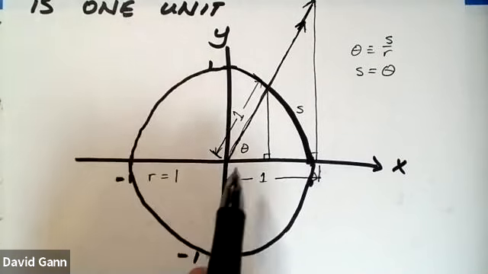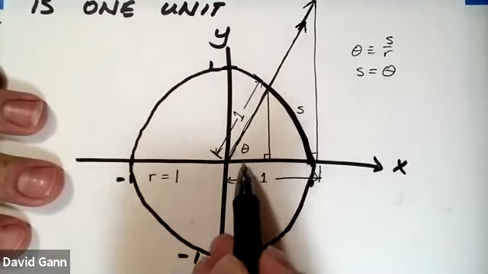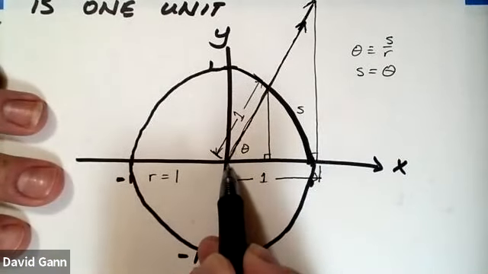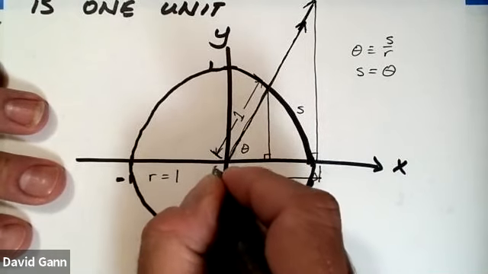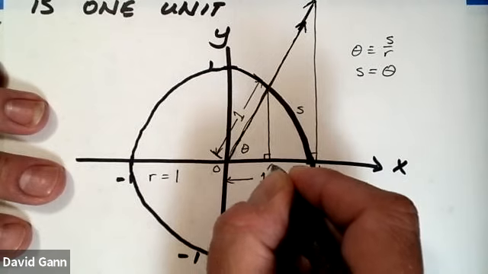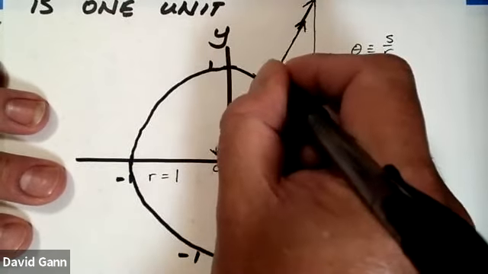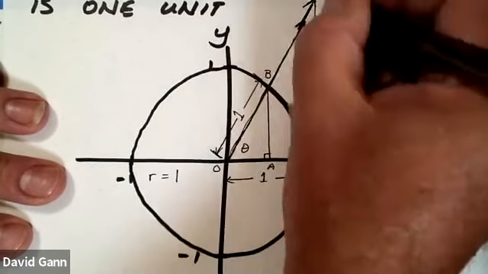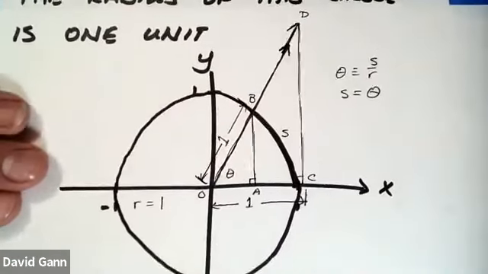Okay, so if we were to focus on this triangle, maybe if I put some labels here, I'll call this O, and let's call this A, B, C, and D.